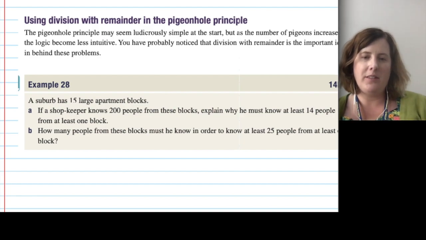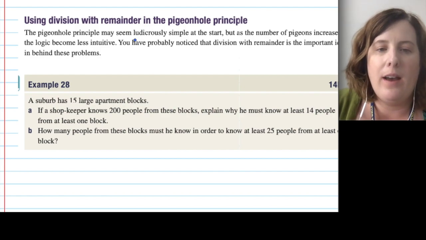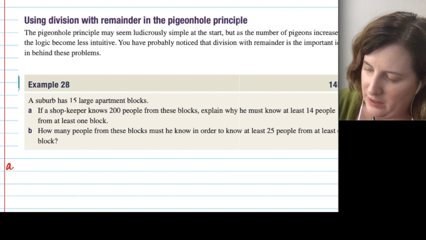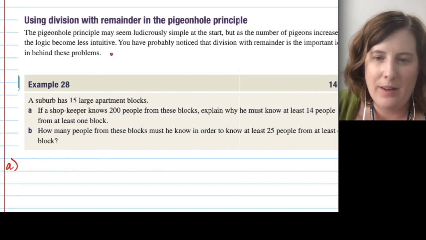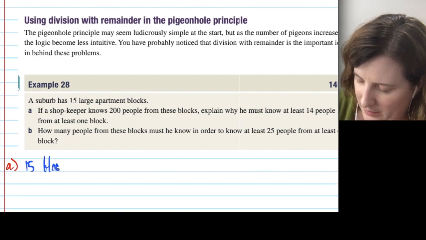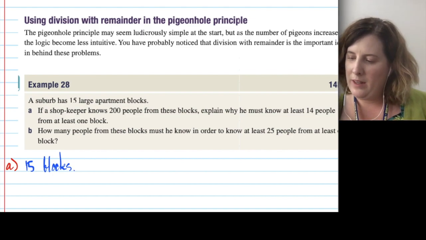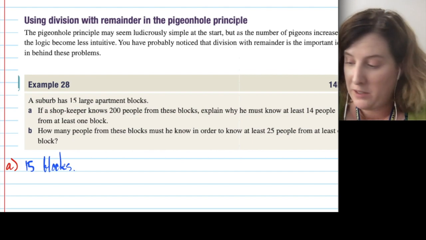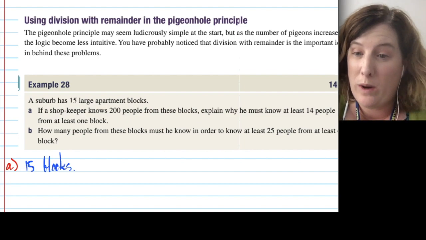So this time, we're just going to talk about these. This time, we've got 15 large apartment blocks in this suburb. The first question says, if a shopkeeper knows 200 people from these blocks, explain why he must know at least 14 people from at least one block.